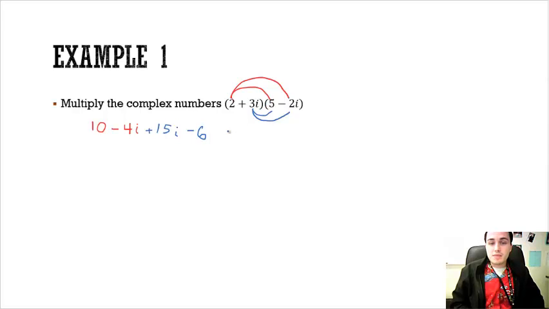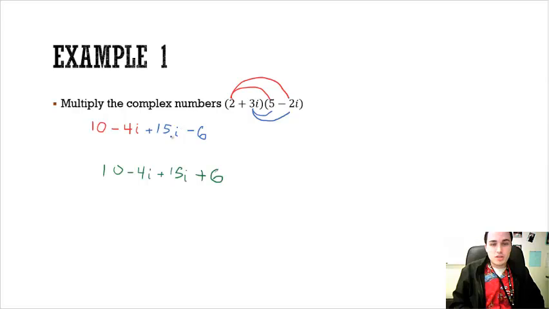But I've got i times i, which is i squared. Now, because of that i squared, what's actually going to happen here is it's just going to change signs. So rather than being minus 6i squared, we're just going to call it plus 6. Okay? Because the i squared becomes a -1.